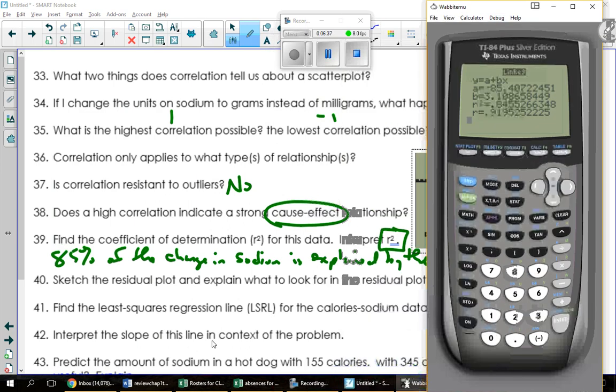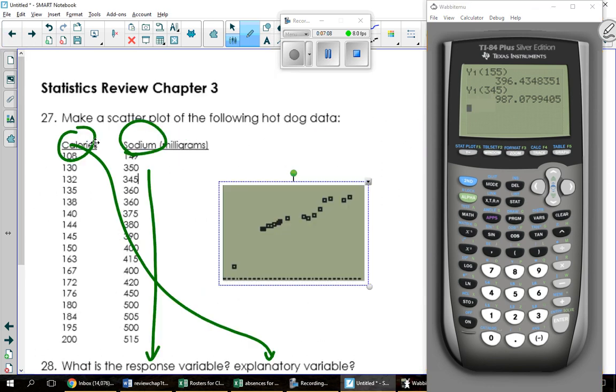On number 43, it says predict it for 155 and 345. So from my home screen, I can go VARS, Y-VARS, function Y1 of 155 or of 345. Now I think my line does a pretty good job because you'll recall my R was pretty strong, so I think it's going to work well. The problem is this thing right here. 345 is so far outside of this domain.